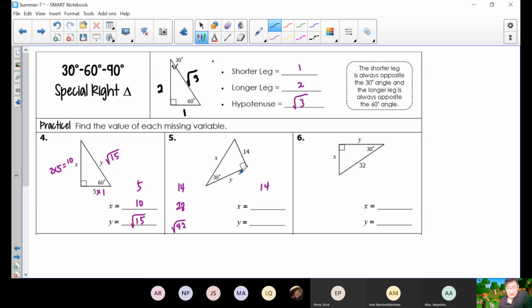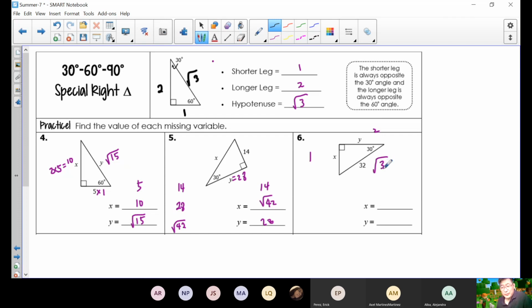So 14, y is 28, right? Y is 28. X is 42 root 3. All right. This ratio is 1, 2, 3 with the square root, right?